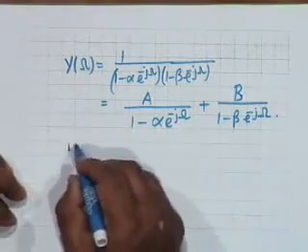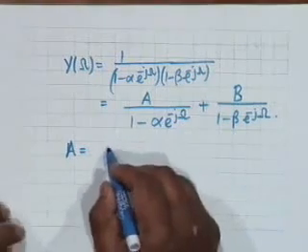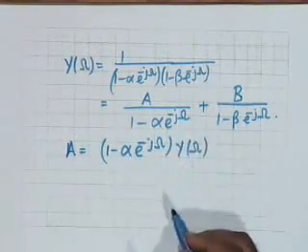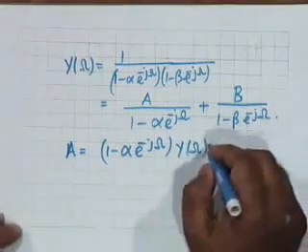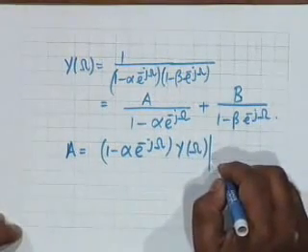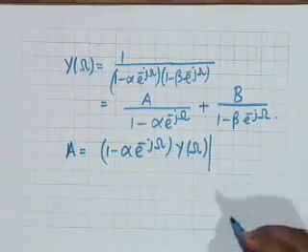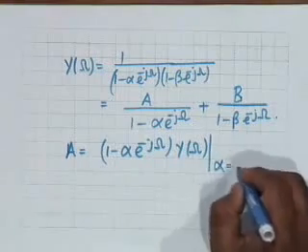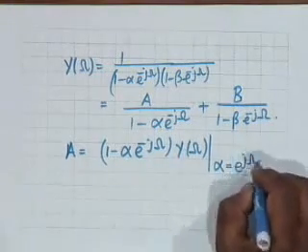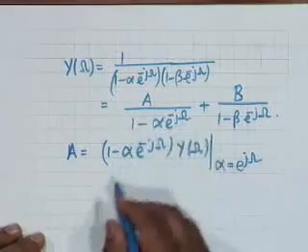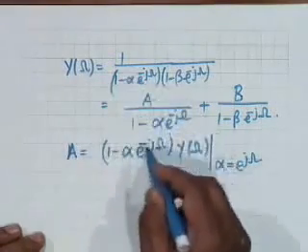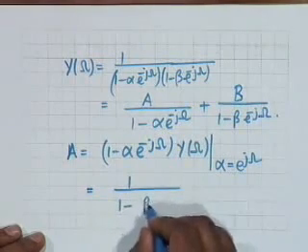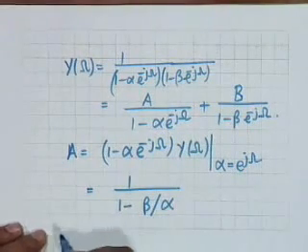If I do that, a, for example, is 1 minus alpha e to the j omega multiplied by Y of omega, under the condition that e to the j omega equals alpha.